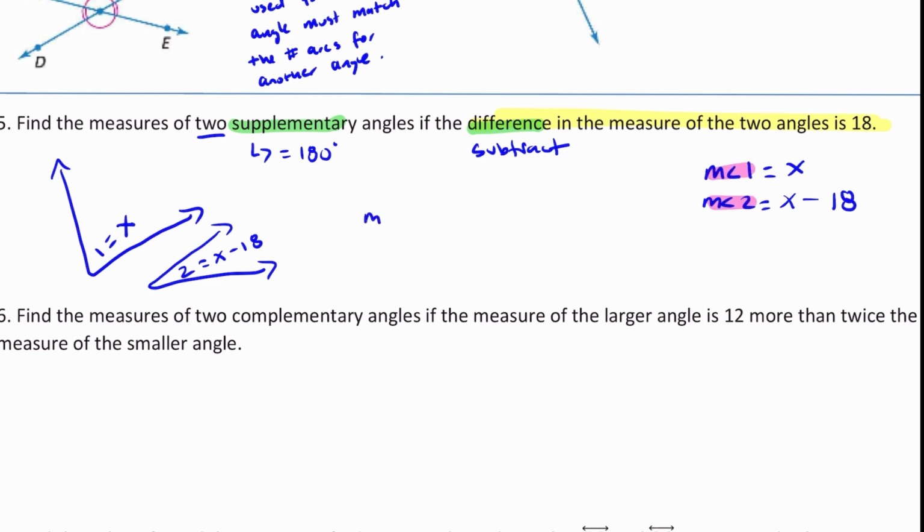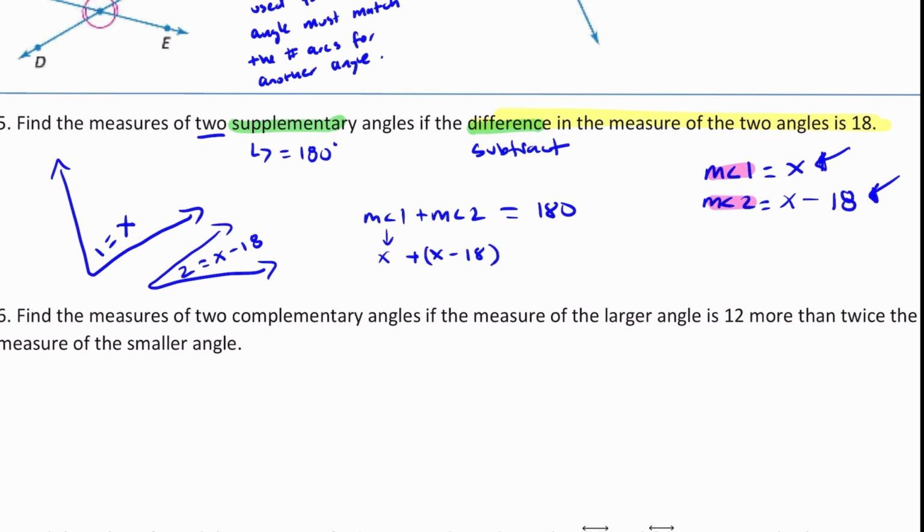Okay, so measure of angle 1 plus the measure of angle 2, and we can assume that those two angles are supplementary. Why? Because it's stated right here, so I can say equals 180. The measure of angle 1 is x, and the measure of angle 2 is x minus 18. So I say x plus (x minus 18).